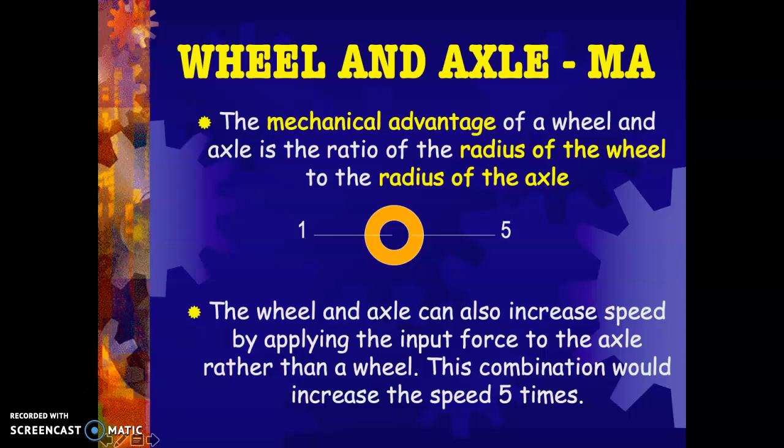So by applying the force to the axle, we can multiply the speed or the force on the wheel 5 times. The wheel is going to go a greater distance, 5 times the distance, so therefore we are increasing the speed. We only have to move the axle a short distance, we can move the wheel a long distance.